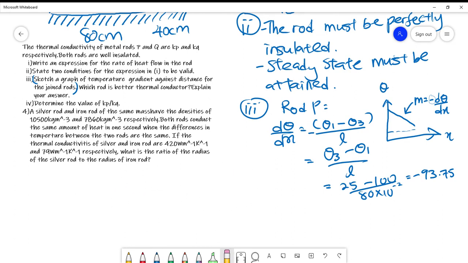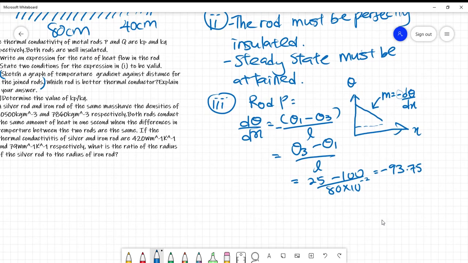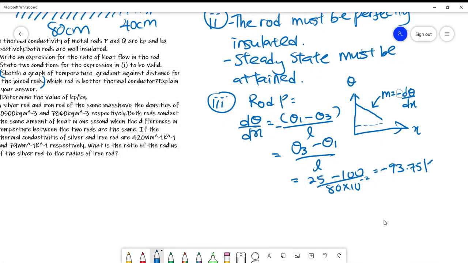The SI unit for the temperature gradient, from the formula d theta over dx, is K m negative 1. Okay, so this is the temperature gradient for root P.